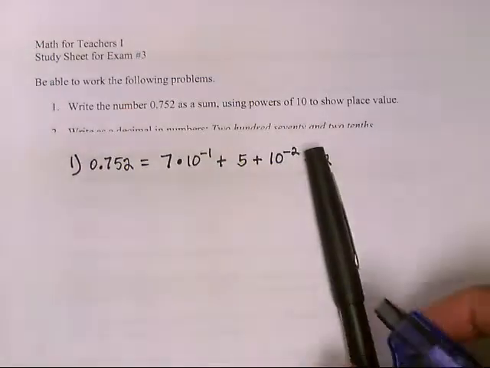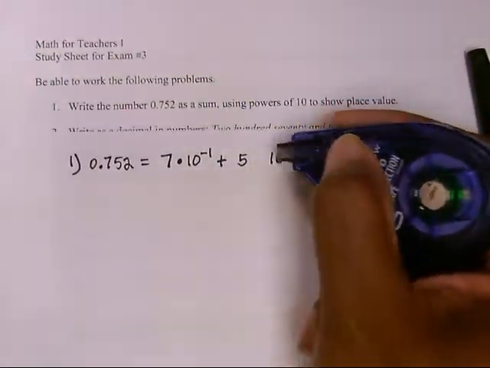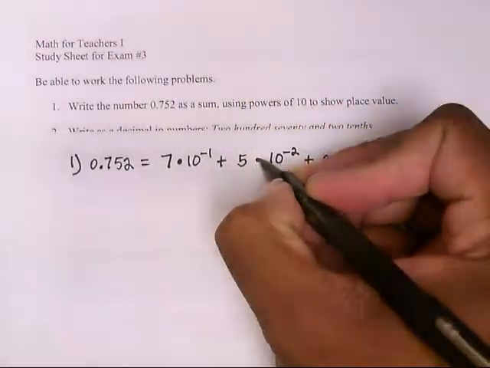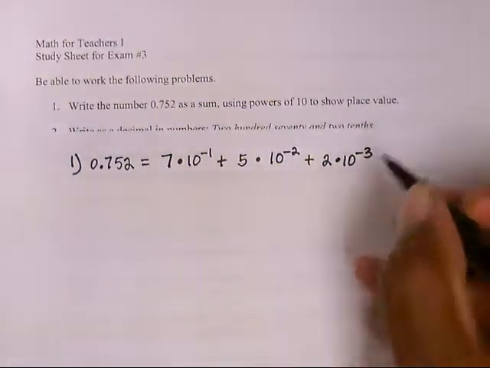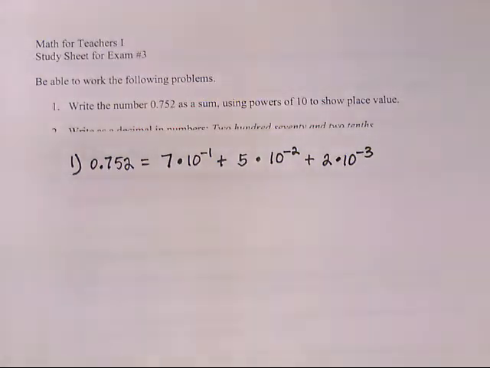So this will be 5 times 10 to the negative second. And then this will be 2 times, and it's in the thousandths place, so it'll be 10 to the negative third power. Okay, so that's how we write that in expanded form using powers of 10.